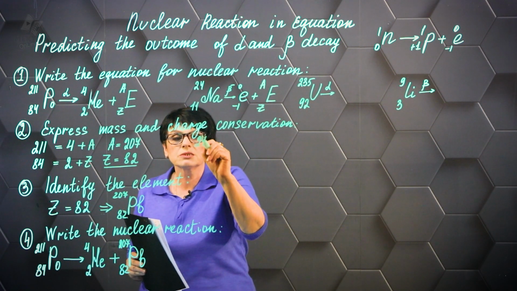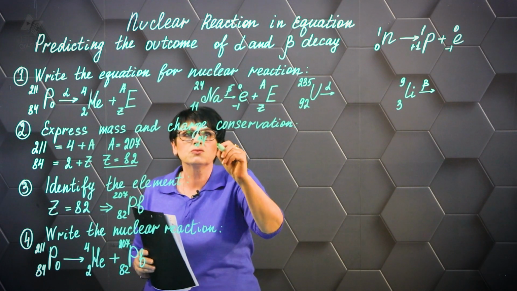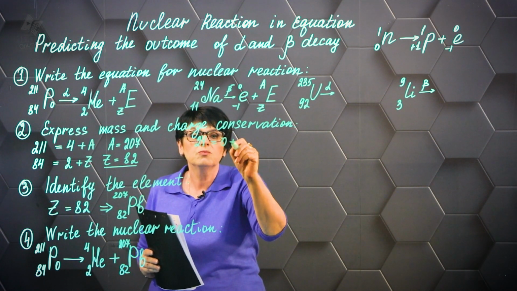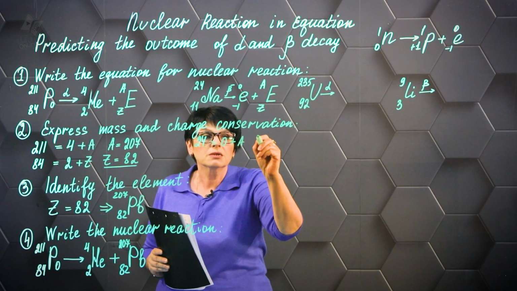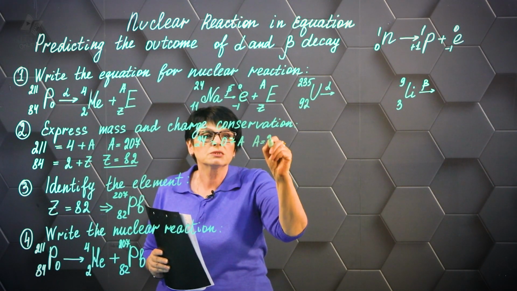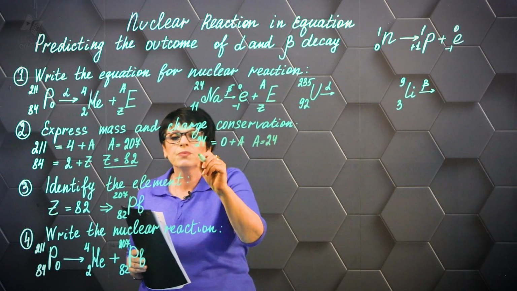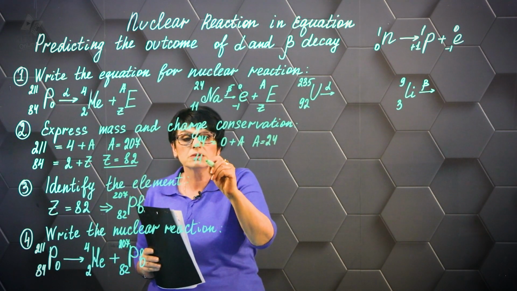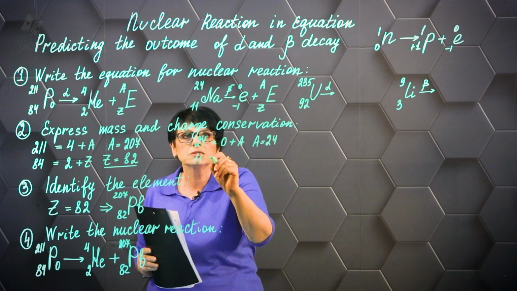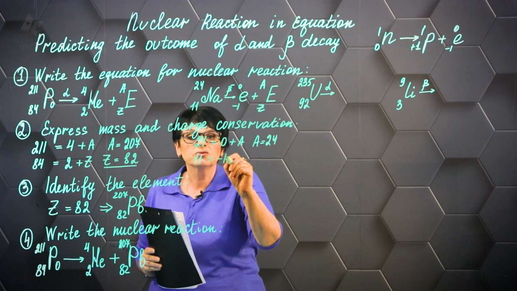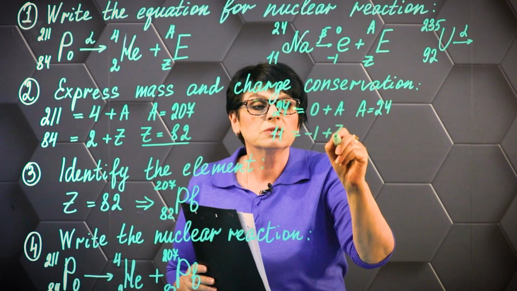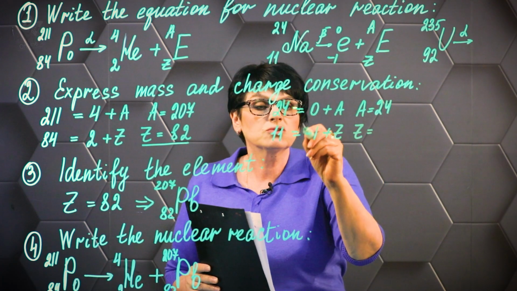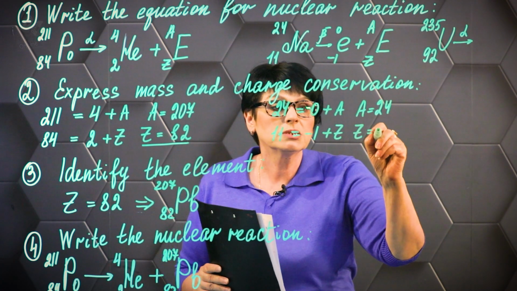Here we have 24 as the number on top for sodium, and on the right side we have 0, and then A from here is also 24. Now looking at the bottom, we've got atomic number 11, and that's minus 1 plus Z. And then in this case, Z, given the rules of math, must be 12.